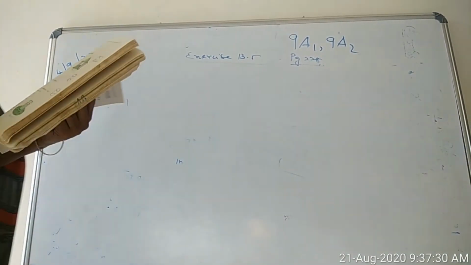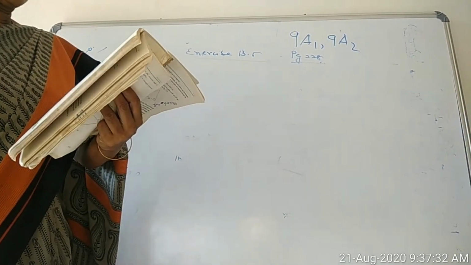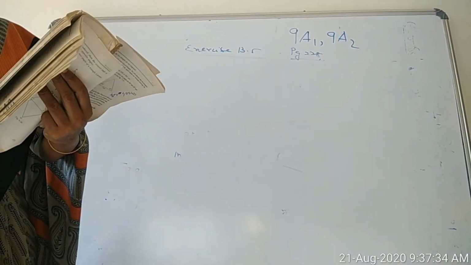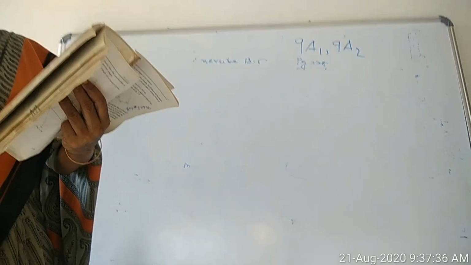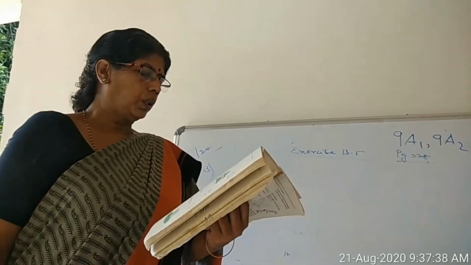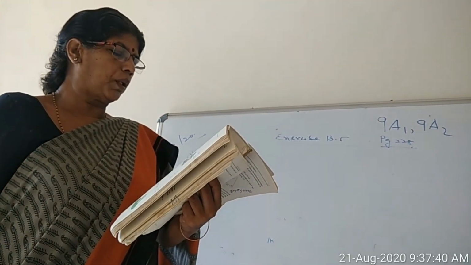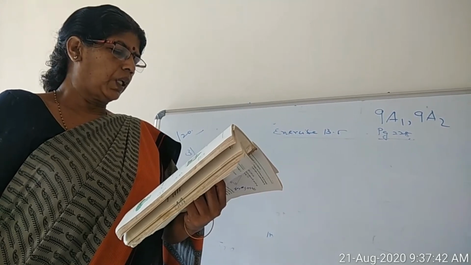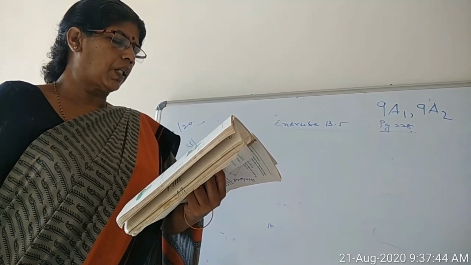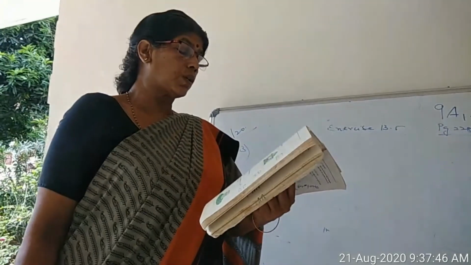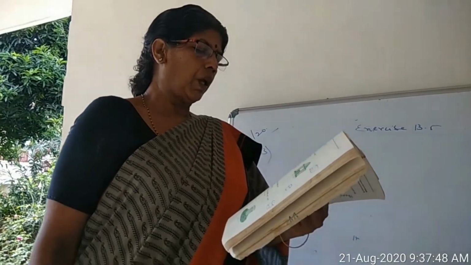Third sum. A cuboidal vessel is 10 meters long and 8 meters wide. How high must it be made to hold 380 cubic meters of liquid? For the vessel, you are given the length and width. Width means what? Breadth.